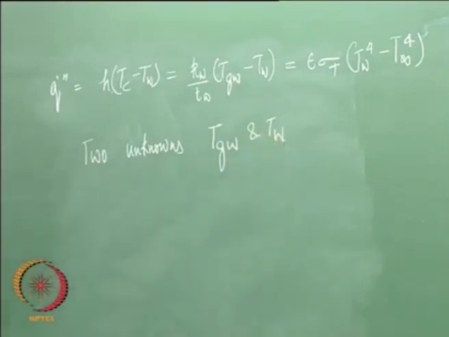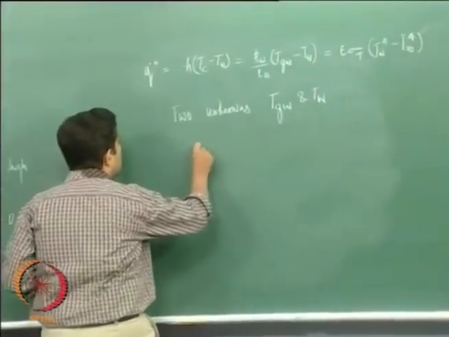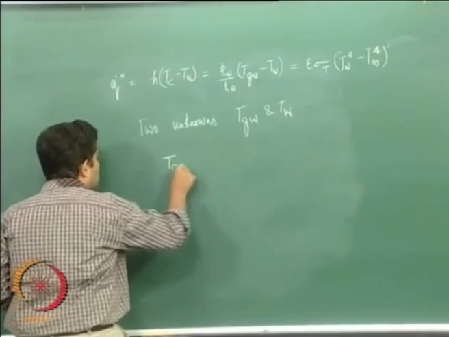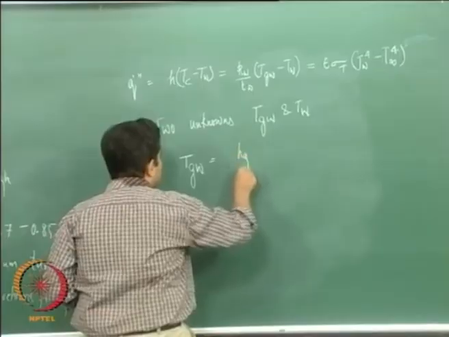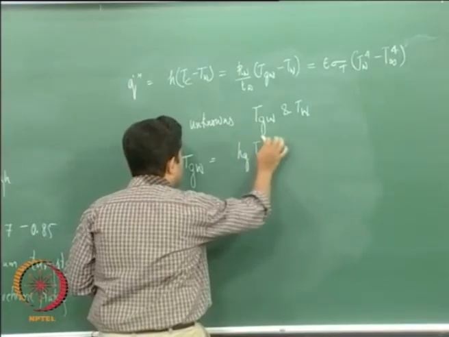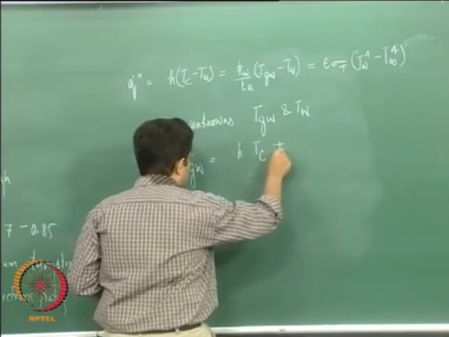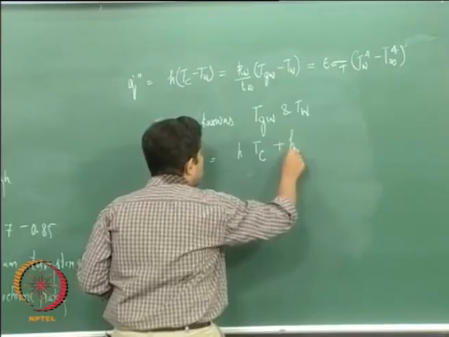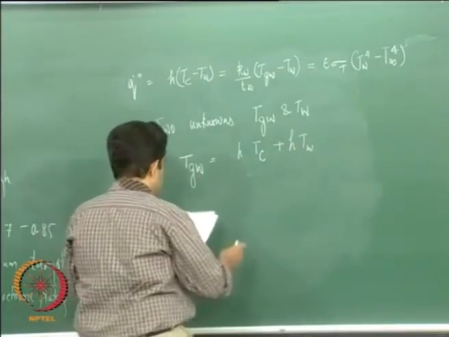And we can solve for this from these equations, and we will get Tg wall as Hg Tc over Hg plus H wall.